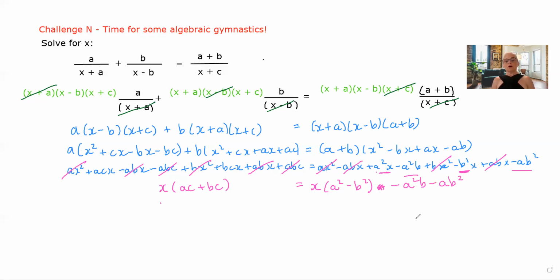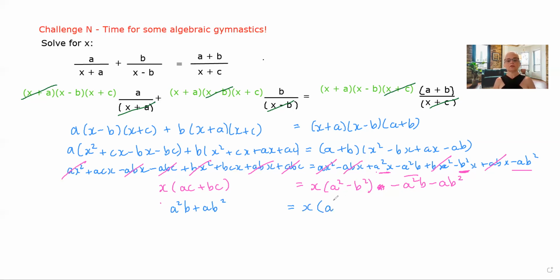Okay, all right. If I'm wanting to get an expression for x, what we really want to do is get all our x's on one side and all our numbers, in inverted commas, on the other side. So these two terms, they're both negative. I would be inclined to pop them over here, so add them to both sides. So we're going to get a squared b plus ab squared equals x. And then I'm going to take away these over here.